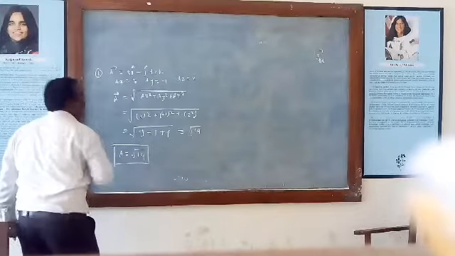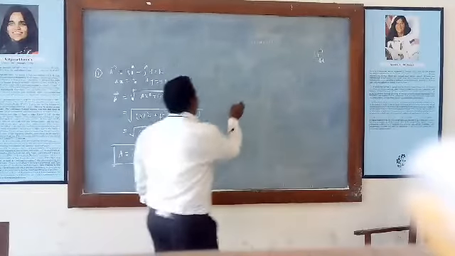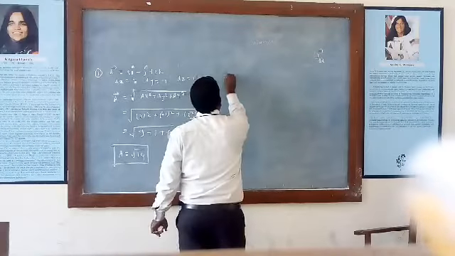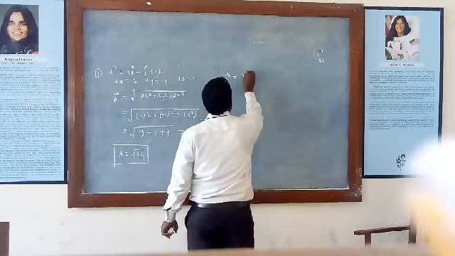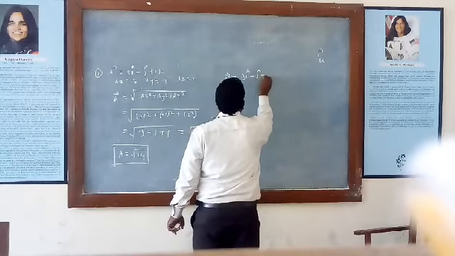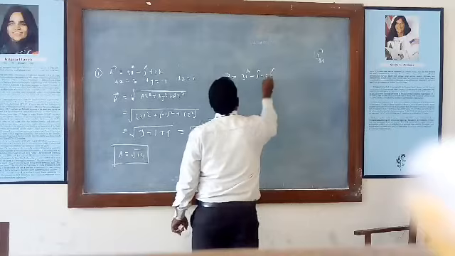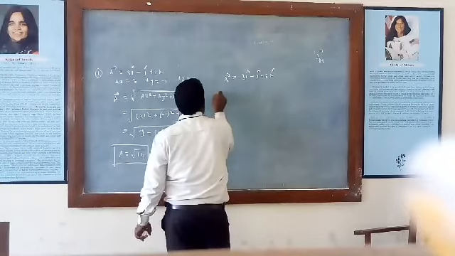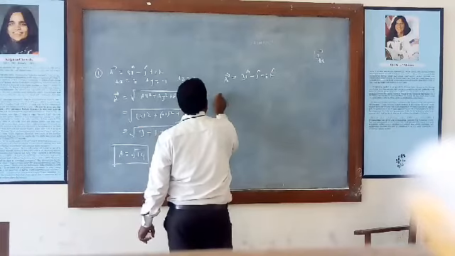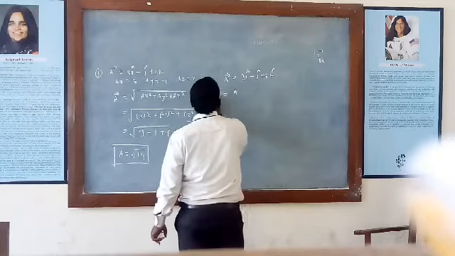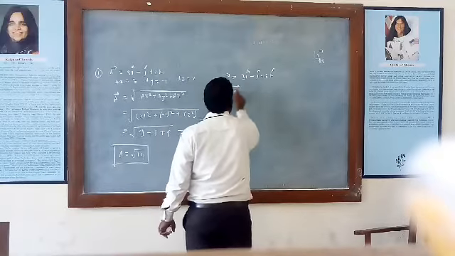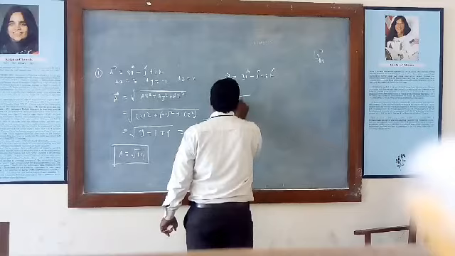Now I have to calculate the unit vector along the direction of the vector 3i cap minus j cap plus 2k cap. The unit vector a cap is a bar upon the magnitude of a.